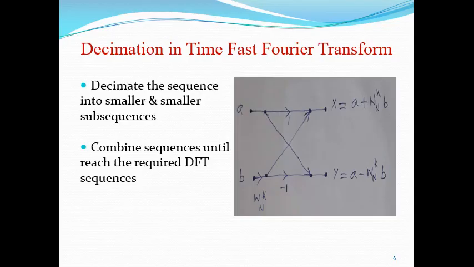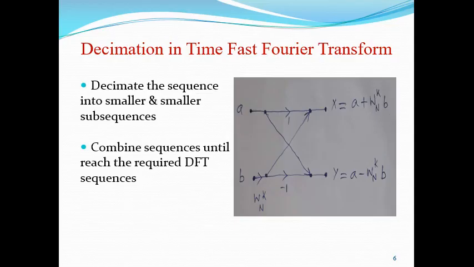In this algorithm, we use the basic butterfly diagram. This basic butterfly diagram consists of two inputs A and B and the corresponding outputs X and Y. These two are DFT points.